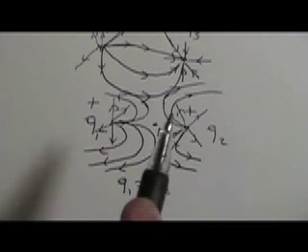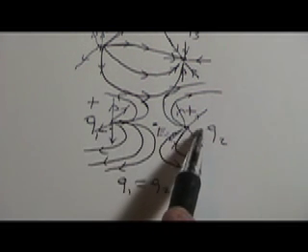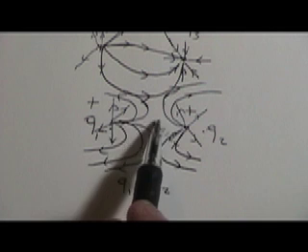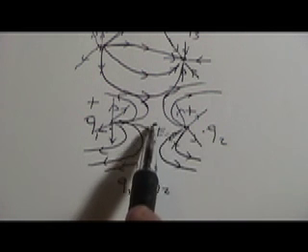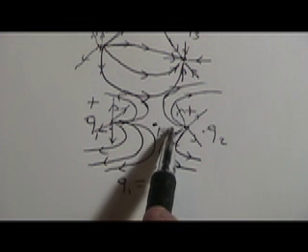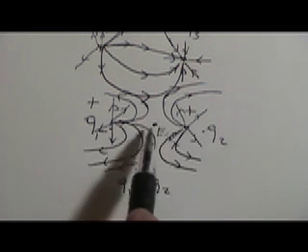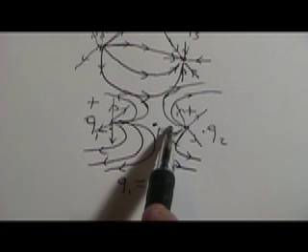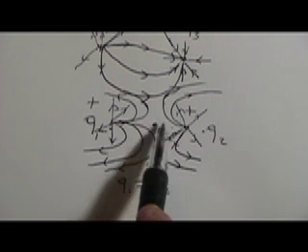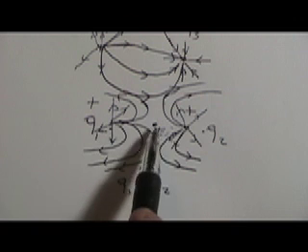But if Q1 was bigger than Q2, it will push out more field than Q2 could do, so you can have some electric field here. It won't be 0. It might be 0 elsewhere because this charge Q2 is weak compared to Q1. So the field might be 0 at that location, not in the middle. But if they have the same magnitude, the electric field will be 0 in the middle.